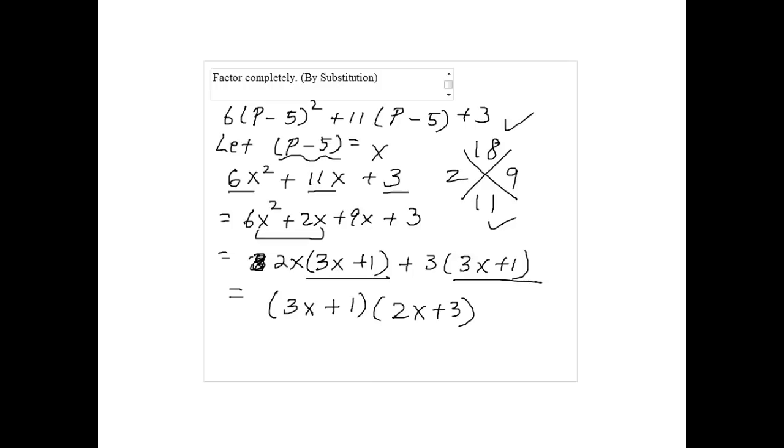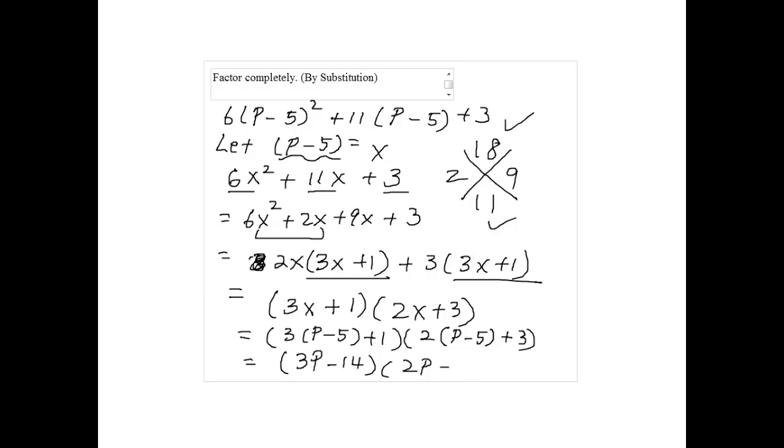Now your x was really p minus 5, so I'm going to substitute p minus 5 for x. We get 3 times p minus 5 plus 1 times 2 times p minus 5 plus 3. When you simplify that, you get 3p minus 14 times 2p minus 7.